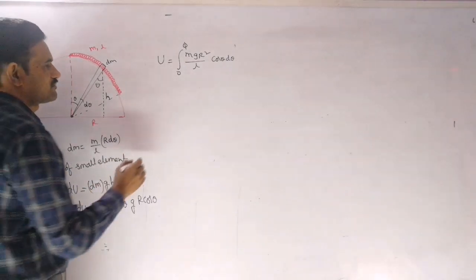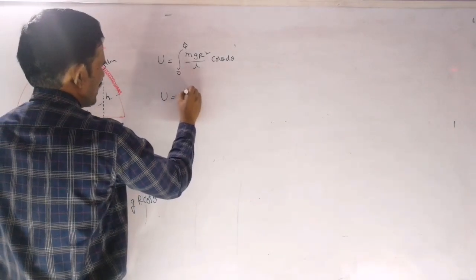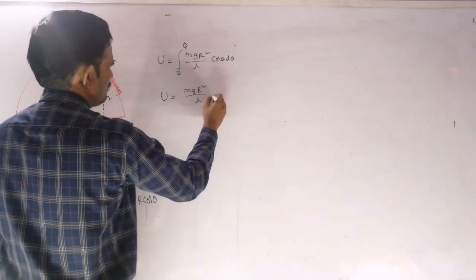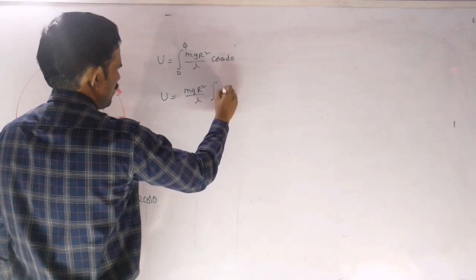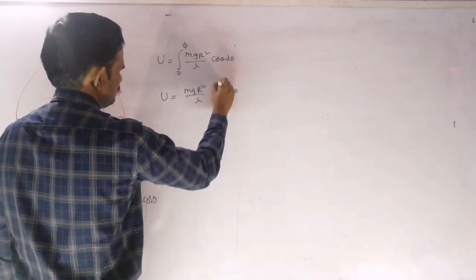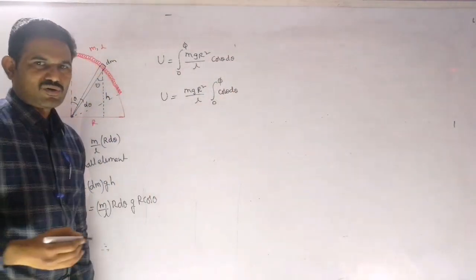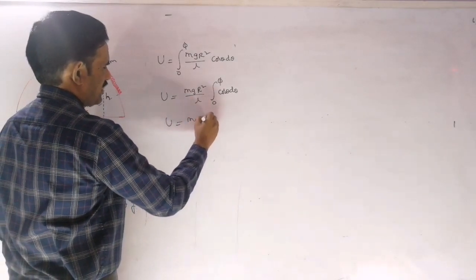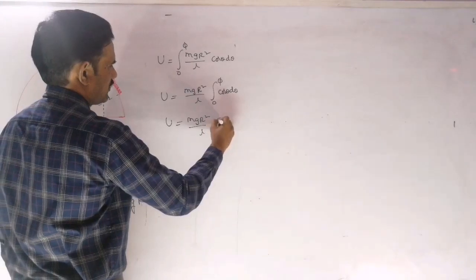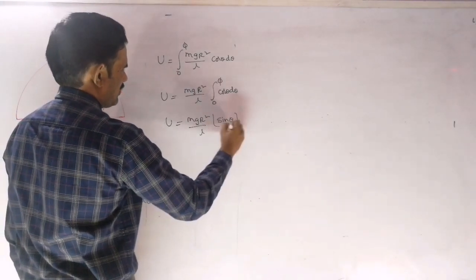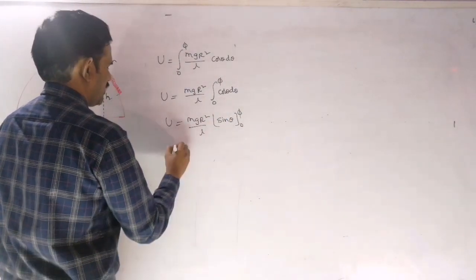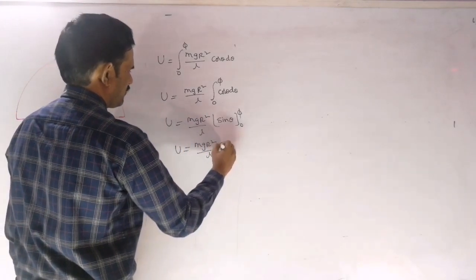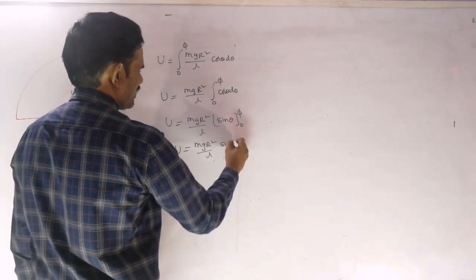So this is mg r square by L into the integral of cos theta d theta from 0 to phi. The integration of cos theta is sin theta, so this is mg r square by L into sin theta, with limits from 0 to phi.